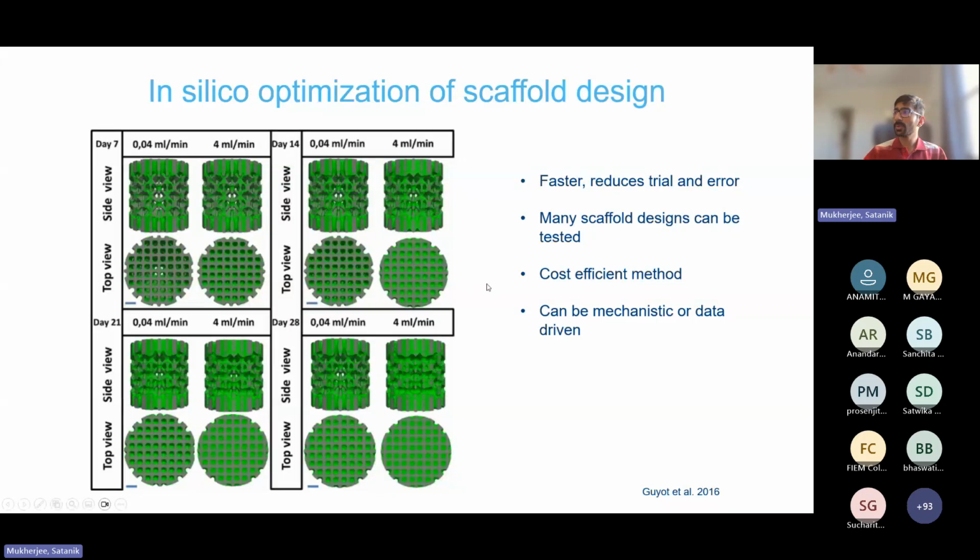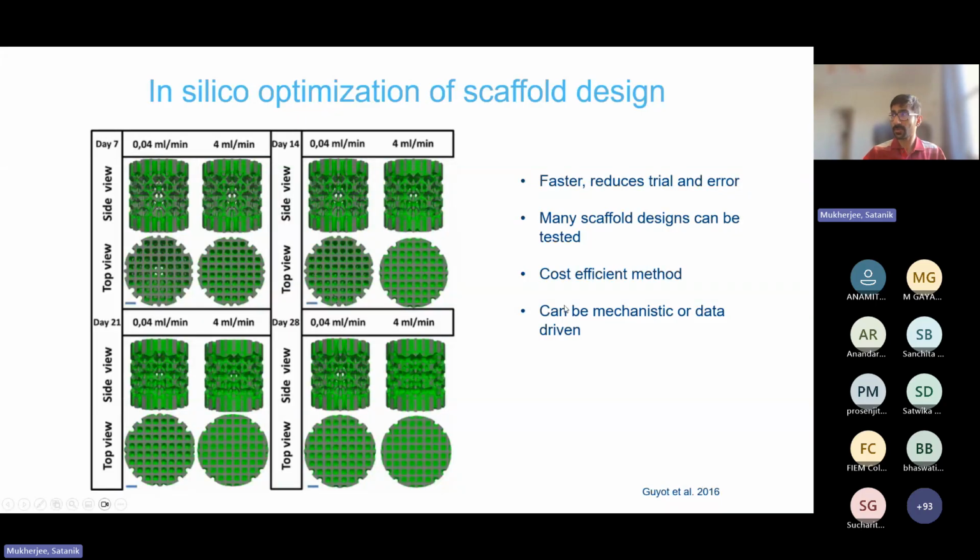And by using these computer-based approaches, you can try out many different designs of the scaffolds and many different external conditions to see which design is best suited to regrow cartilage or to regrow bone. And this is all being done in the computational domain.